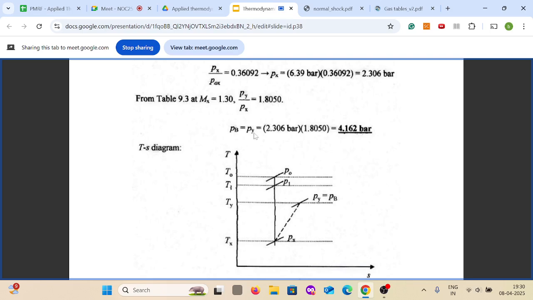So your Py is 2.306 into 1.805, which gives you 4.162 bar. Initially your pressure was 2.306 bar, now it has increased to 4.162 bar, and the stagnation pressure will also be reduced, but your stagnation temperature will remain the same here.